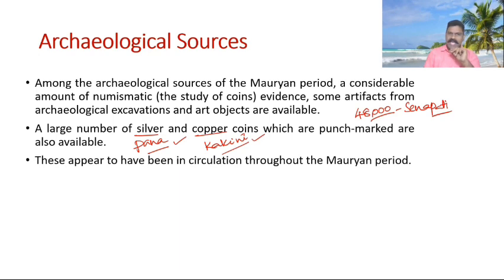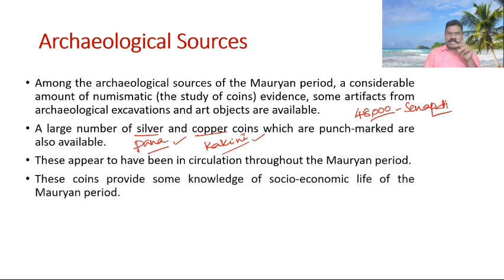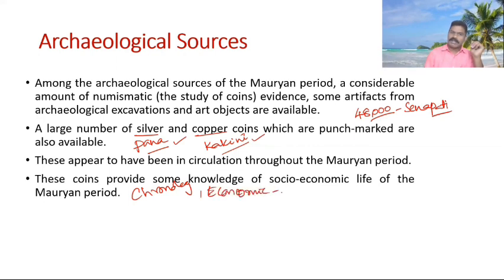So these were circulated throughout the Mauryan period. Coins provide some knowledge. Coins always give information about the chronology and also the economic life of the dynasties of the Mauryan period.